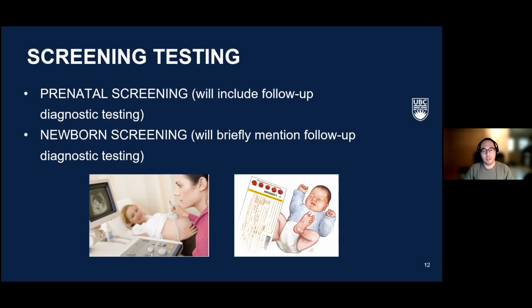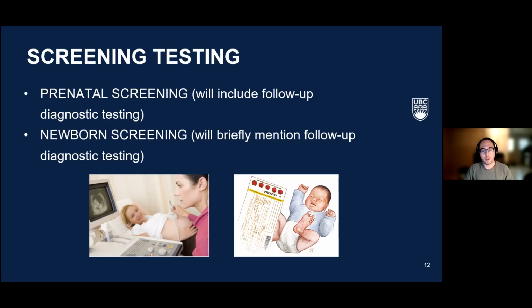I do want to acknowledge that some of you may be wondering why I'm not including other types of screening testing, such as screening for various types of cancer, like breast cancer, ovarian cancer, or prostate cancer. And the reason is that for this talk, I'm wanting to more focus on purely genetic conditions, and those other things that we screen for are not purely genetic conditions, and therefore I'm not going to talk about them here.